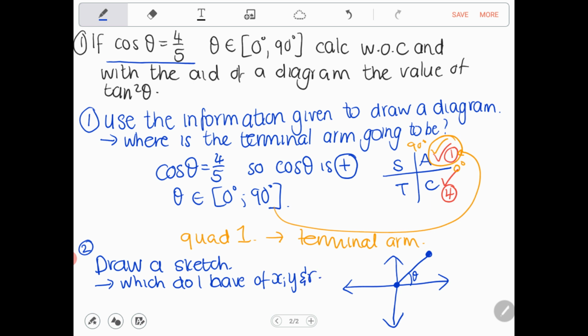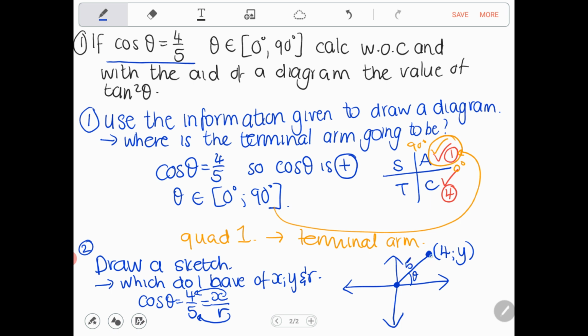All right, so we go back, and it says cos is 4 over 5, and cos is x over r, cos x raised. So that tells me that my x has to be 4, and my r has to be 5. All right, so here we go. x is 4. We don't know what y is, and my r is 5.